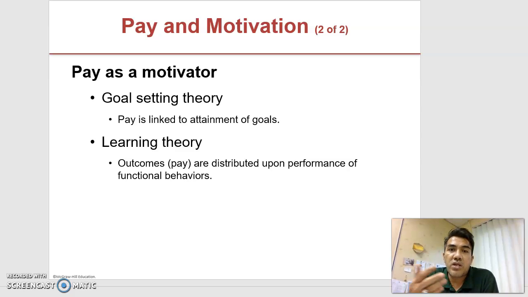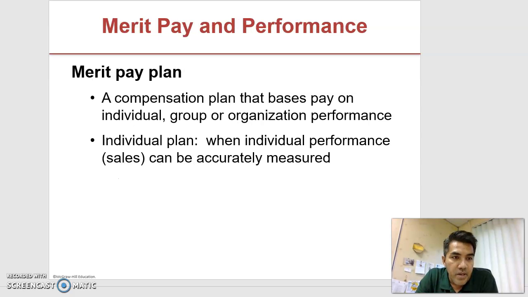Pay also can be used as a motivator under the goal setting theory. We try to link the pay with the attainment of those goals. For example, those who work in the banks, if they achieve a certain level of target, they will be rewarded handsomely. And then in learning theory, outcome pay is distributed upon performance of functional behavior.